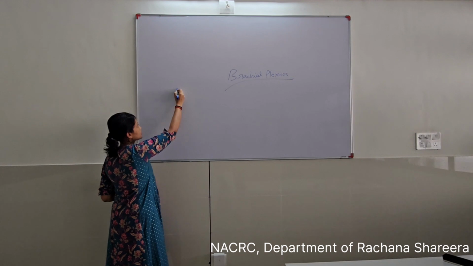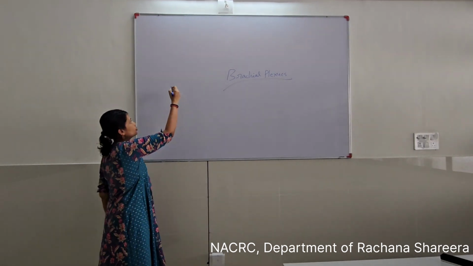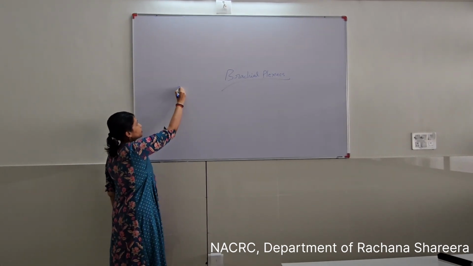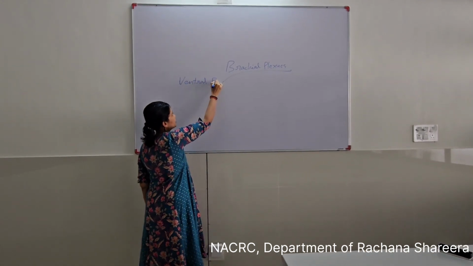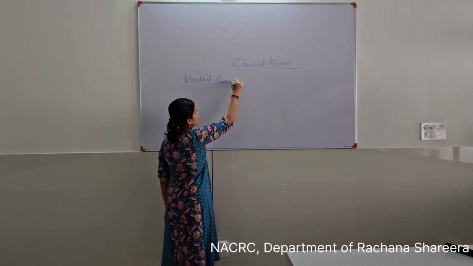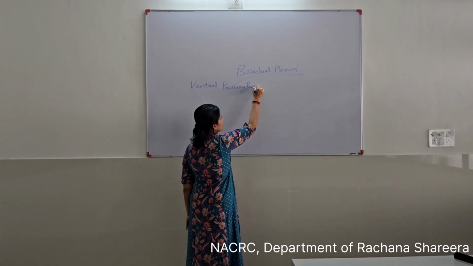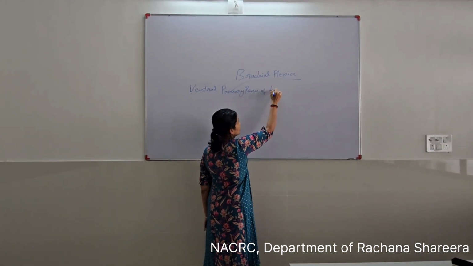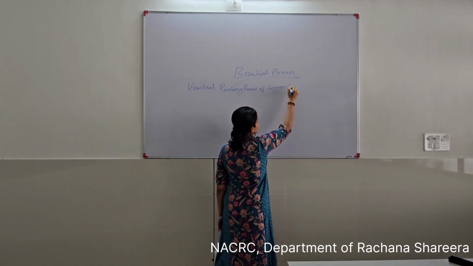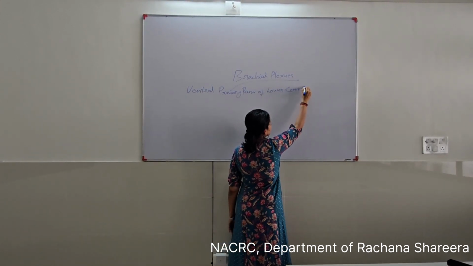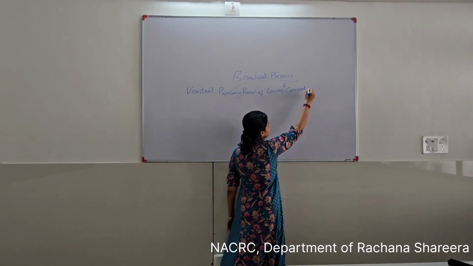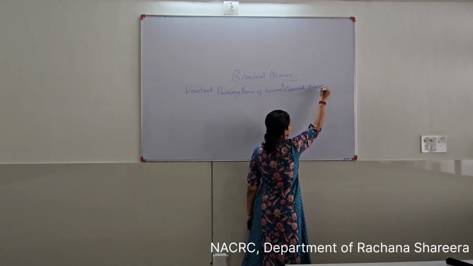So the brachial plexus is formed by the union of the ventral primary rami of the lower four cervical nerves.